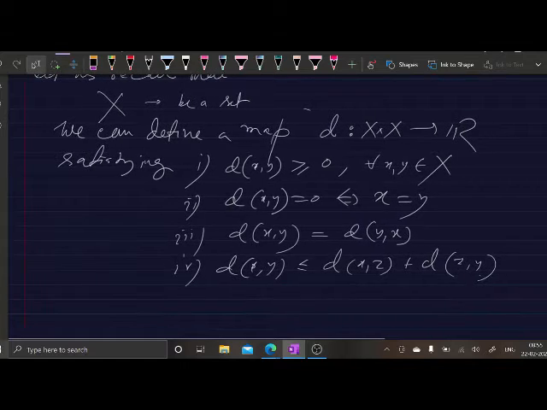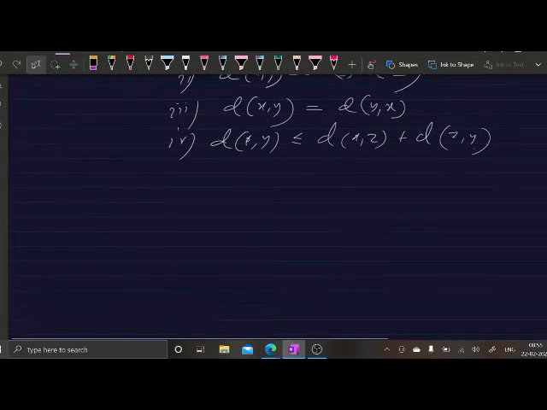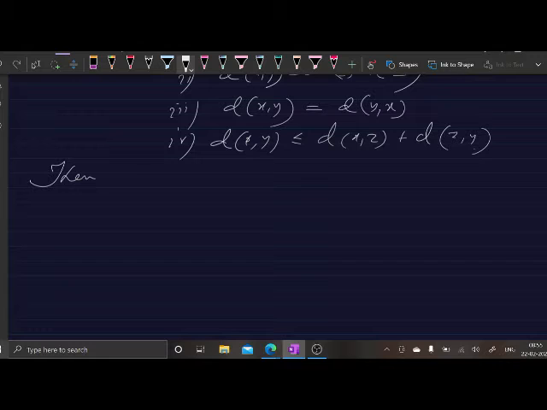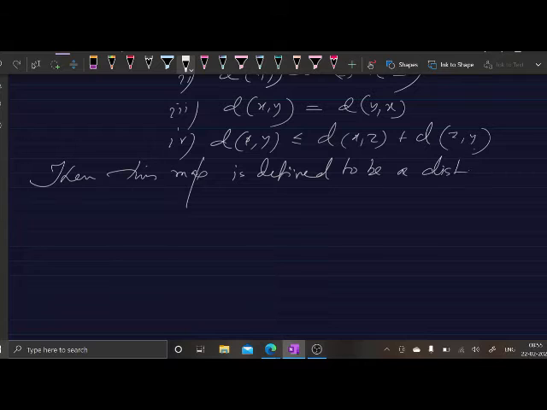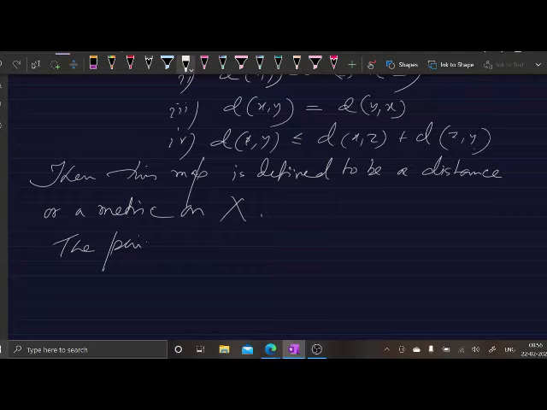And then this map is defined to be a distance or a metric on X, and the pair X, D is called a metric space, right?